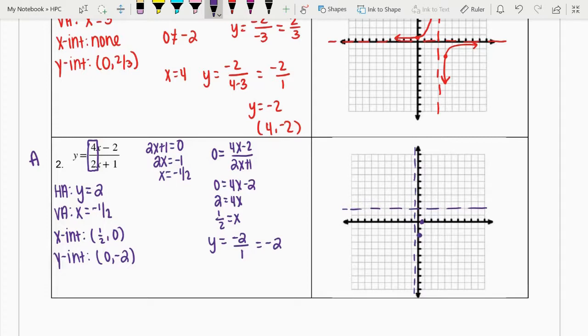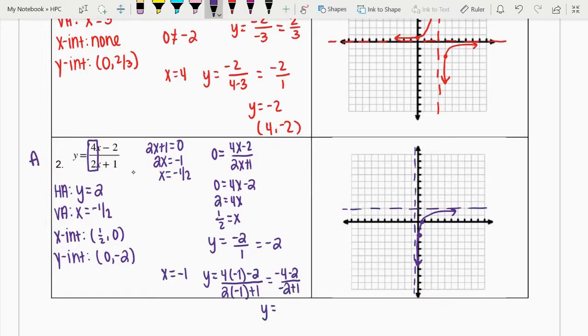Okay, so the right-hand side of this graph, we have some points, so we can just connect them. We know what this is going to look like. To find out what the left-hand side is going to be, let's just substitute in a value. I'm going to choose negative 1. So let x equal negative 1. Then y is equal to (4 times negative 1 minus 2) divided by (2 times negative 1 plus 1), which is going to give us negative 4 minus 2 all over negative 2 plus 1.